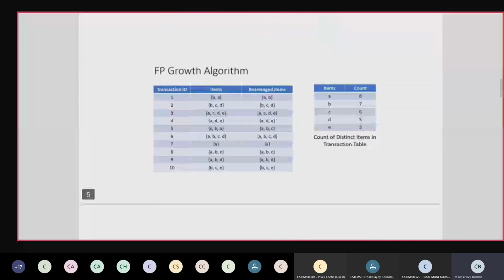So B has lesser frequency compared to A, so we will arrange the items as A, B, and so on. Likewise, the same thing is applied to every other transaction from the transaction table.